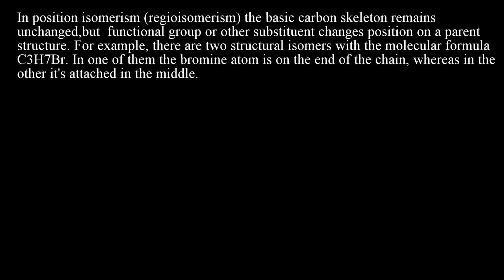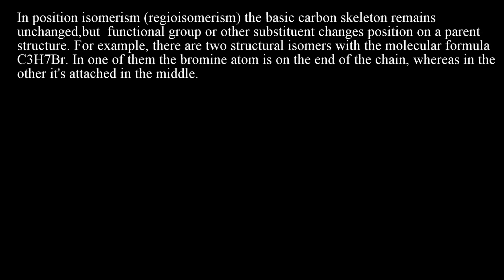The second type of structural isomerism is positional isomerism. In positional isomerism or regioisomerism, the basic carbon skeleton remains unchanged, but a functional group or other substituent changes position on a parent structure.